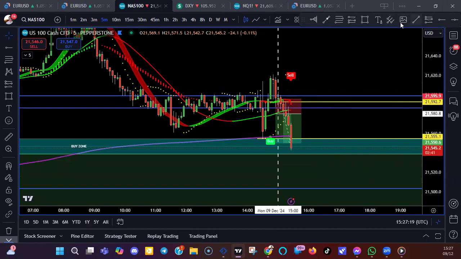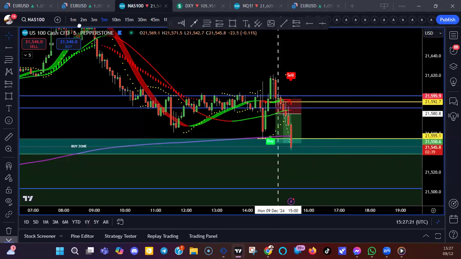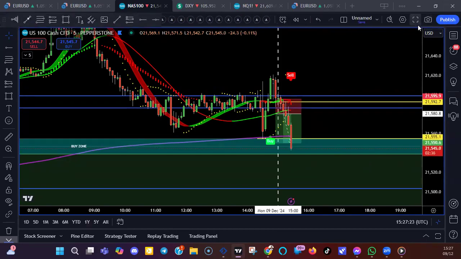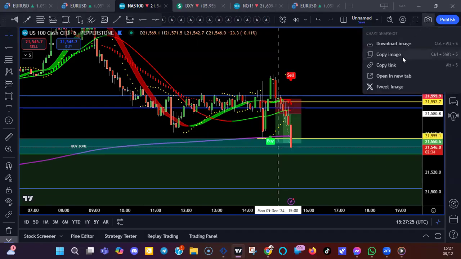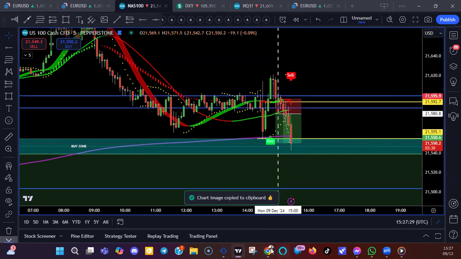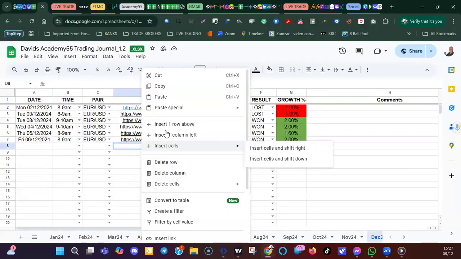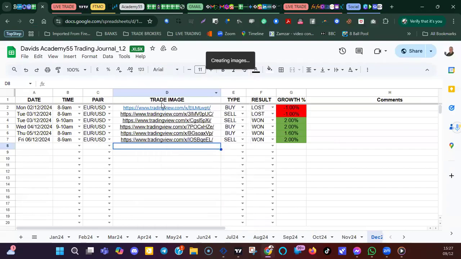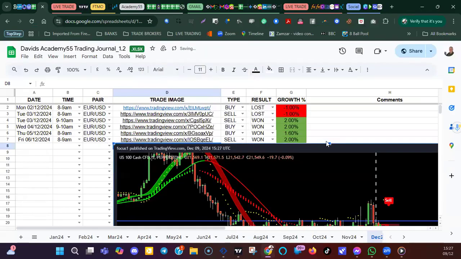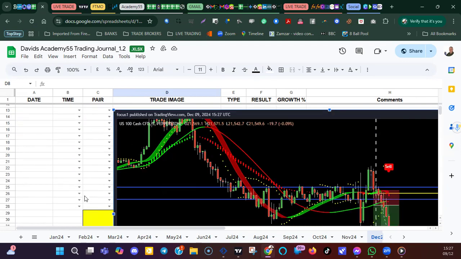So I get my copy image. Put the image in there. Paste. Oh, wrong. I used the wrong copy image. It should be a copy link. It's all going.